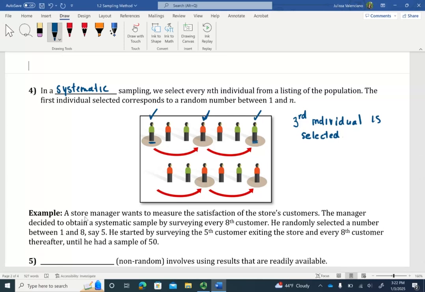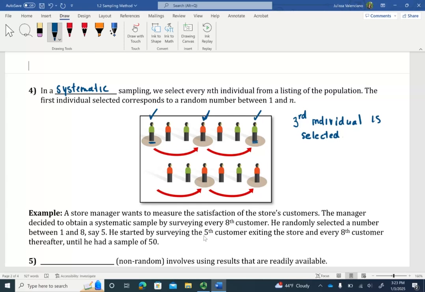So let's look at an example. A store manager wants to measure the satisfaction of the store's customers. The manager decided to obtain a systematic sample by serving every 8th customer. So in this case, our n value is 8. How is he going to start? He needs to randomly select a number between 1 and 8, and let's assume that he selected 5.